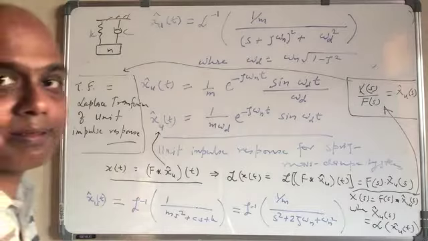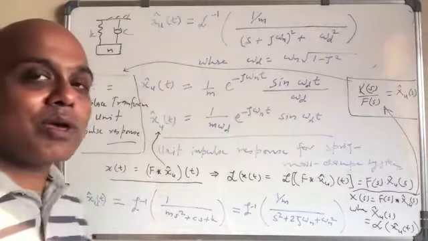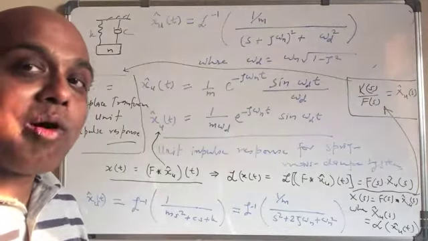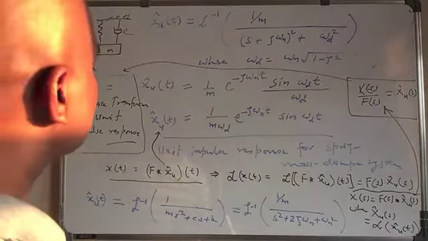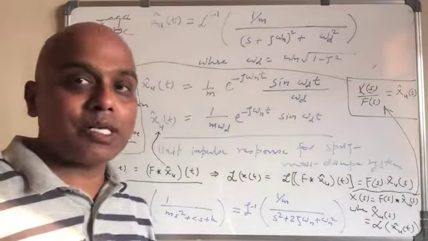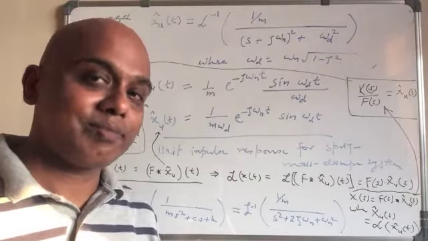As simple as that. Hence, you understand now how important and how powerful the unit impulse response is, and hence, no doubt, it is very important for the controls part. We will see that.